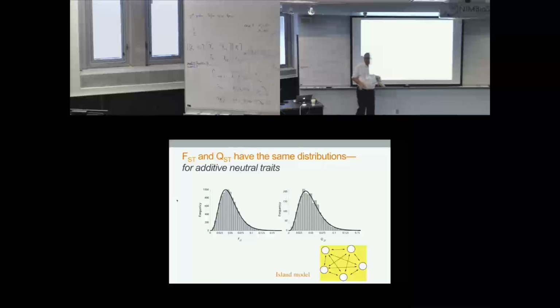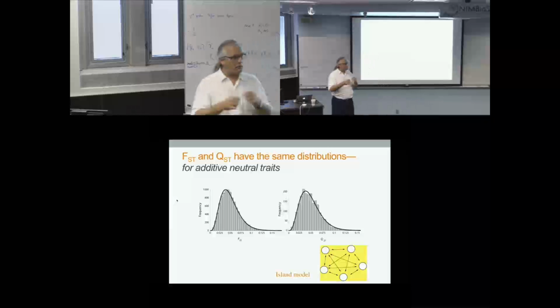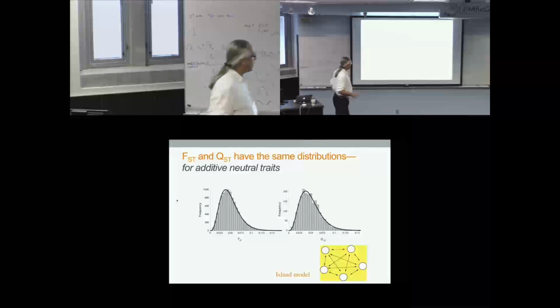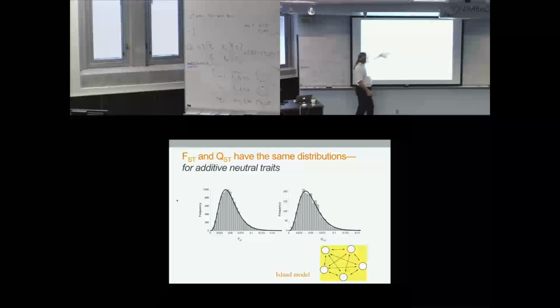One of the biggest challenges is that both FST and QST have the potential for extremely broad sampling distributions. Well, let me just tell you what these graphs are. These are from simulation, in this case an island model where every population is equally connected to all the others.